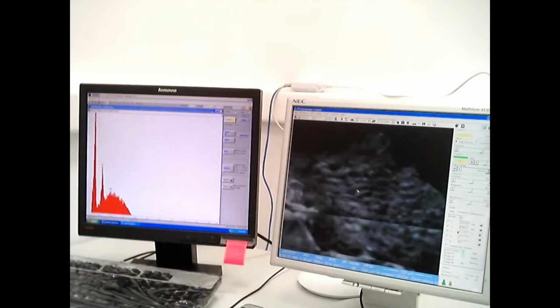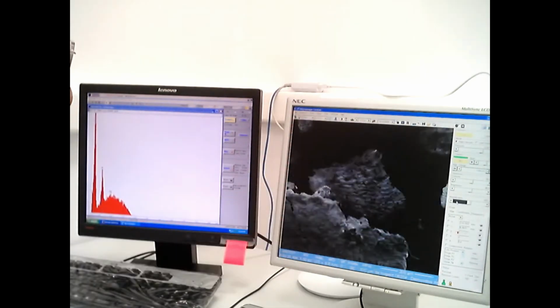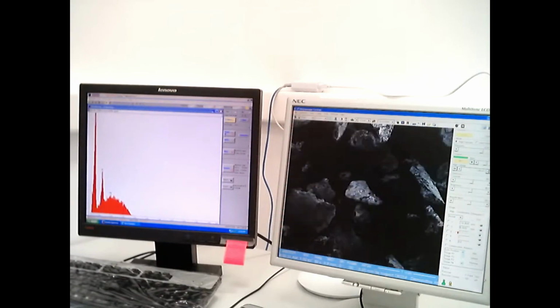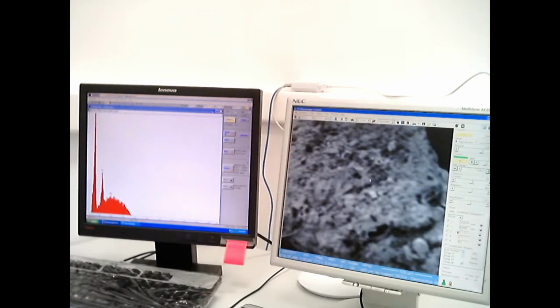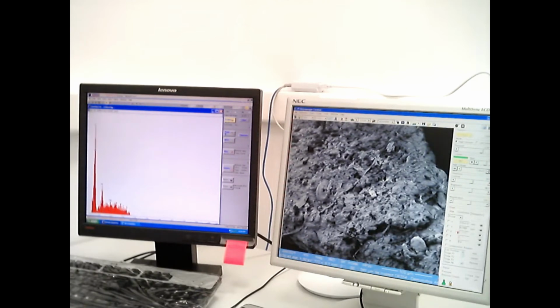So let's look at something a little bit more exciting. This is probably just an organic material. Let's find a piece of stone. Let's see if we can look at that stone a little bit better. This is getting a little bit interesting. This is a piece of stone, or again soil, but again it's organic, so it's not the stone I expected.